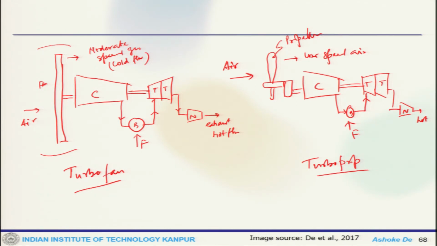Now, already we have seen some images of turbofan engine in the introduction lecture. Typically, that is used in your aircraft engine. Now, there is also a trend of pressure ratio.